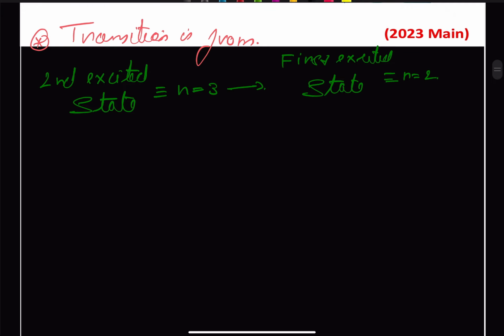And during this transition, the wavelength is given as lambda naught.